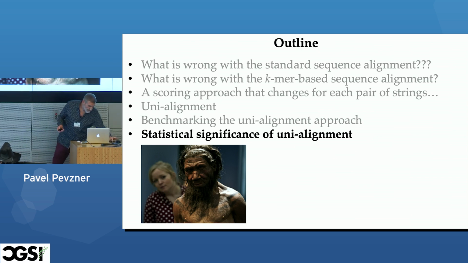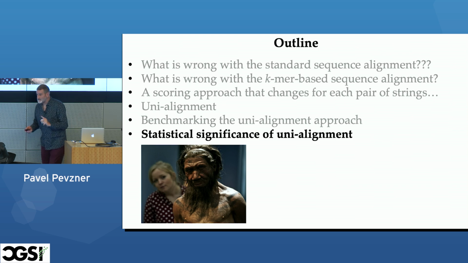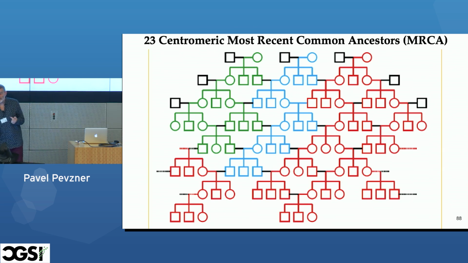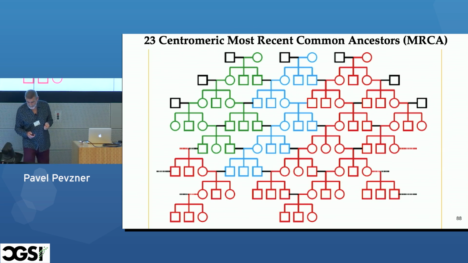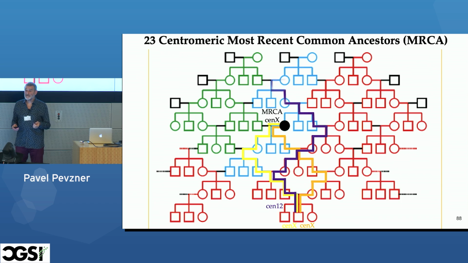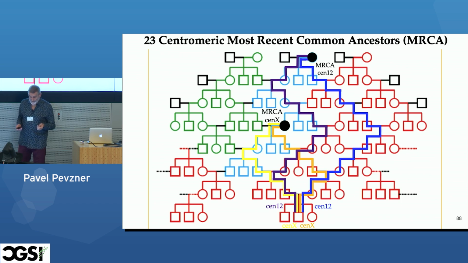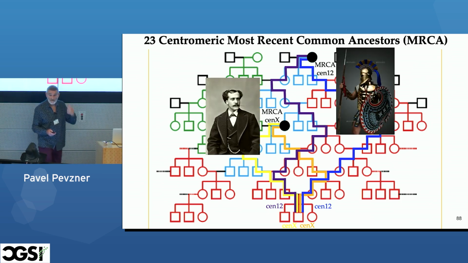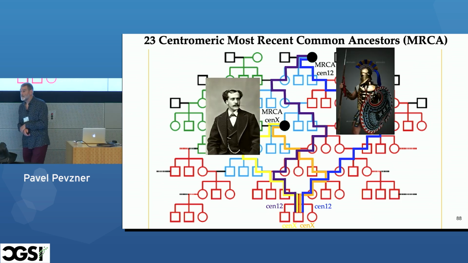Anyway, I'm coming to the end, just maybe 5 more minutes. When we look at the centromeric common ancestor, let's say your centromeric most recent ancestor on chromosome 10 may actually have lived relatively recently, but if we look at the most recent common ancestor at centromere 12, it may have lived a long time ago.